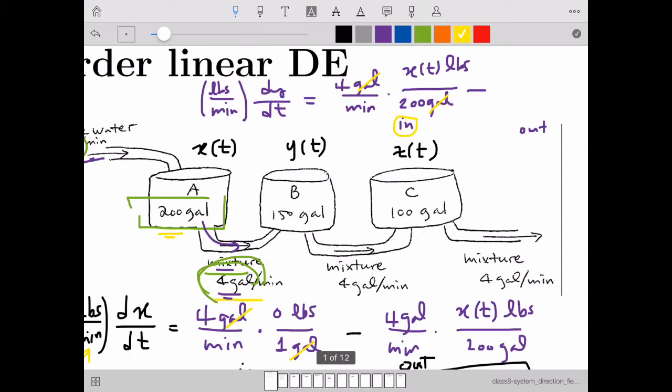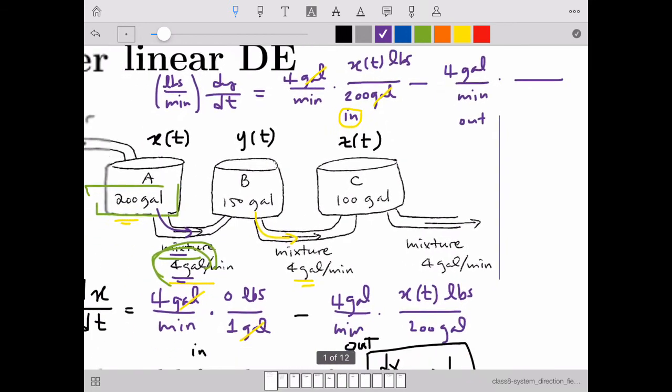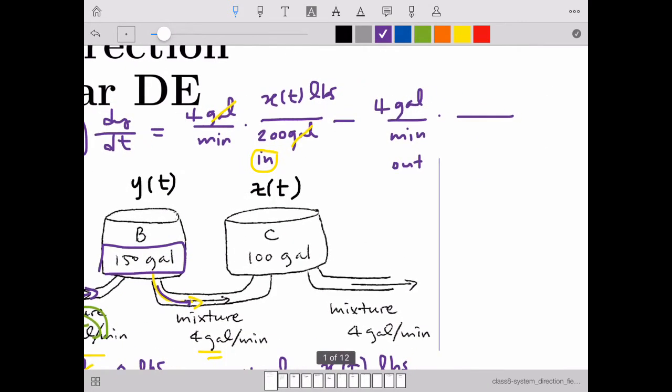And this is what goes out. It goes out at 4 gallons per minute, and in how many gallons? Well, it comes in at 4 and goes out at 4, so there will be a constant 150 gallons. At time t there are y(t) pounds of salt.